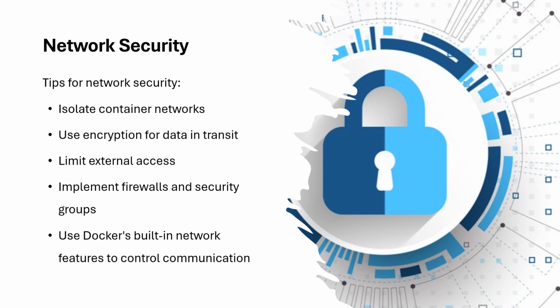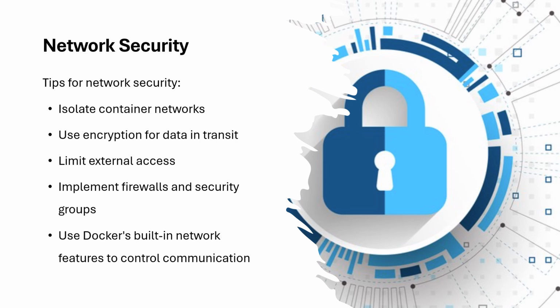Network security is a key component of Docker security. One effective approach is to isolate your containers into their own network, which helps to prevent unauthorized communication between different containers. Docker allows you to create custom bridge networks that can limit which containers can talk to each other. Additionally, encrypting data in transit between containers ensures that sensitive information is not exposed even if someone manages to intercept the communication.